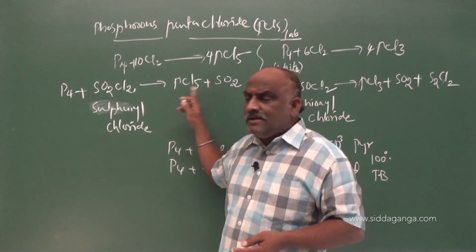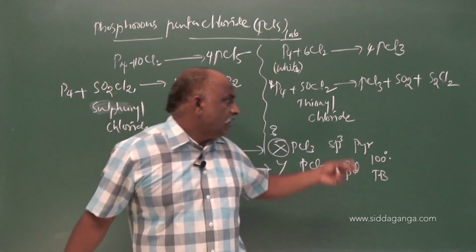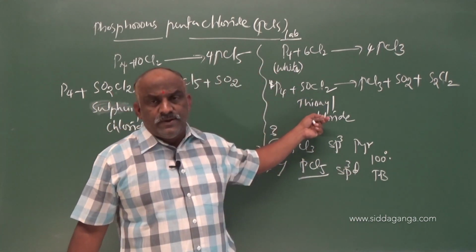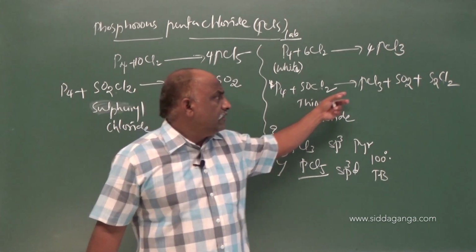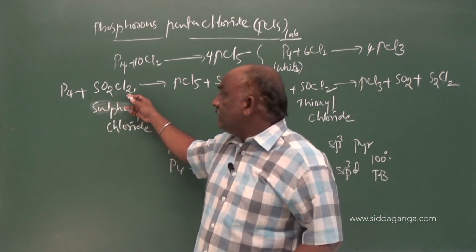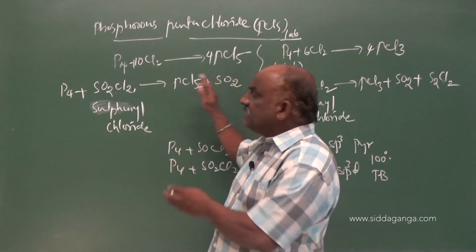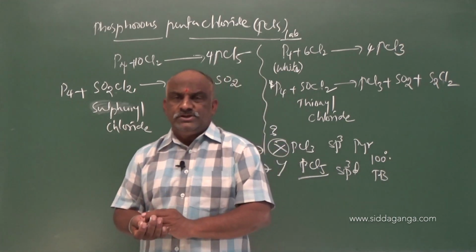So you should remember the names of these compounds: sulfuryl chloride, SO2Cl2, and thionyl chloride, SOCl2. P4 plus thionyl chloride gives PCl3. P4 plus SO2Cl2, or sulfuryl chloride, gives what? PCl5. That's why we have to compare these two equations, then you will get an idea about this.